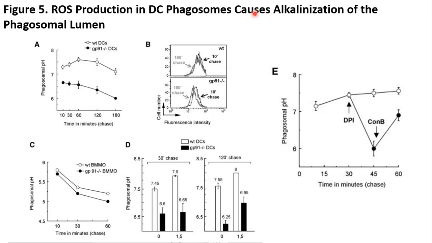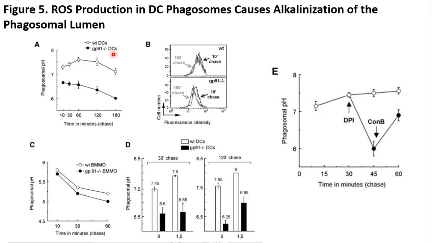They saw that ROS production in DC phagosomes causes alkalinization of the phagosomal lumen. We can see here that wild-type DCs are more alkaline. The pH is 7.5, and it takes longer to go down and does not go below 7.